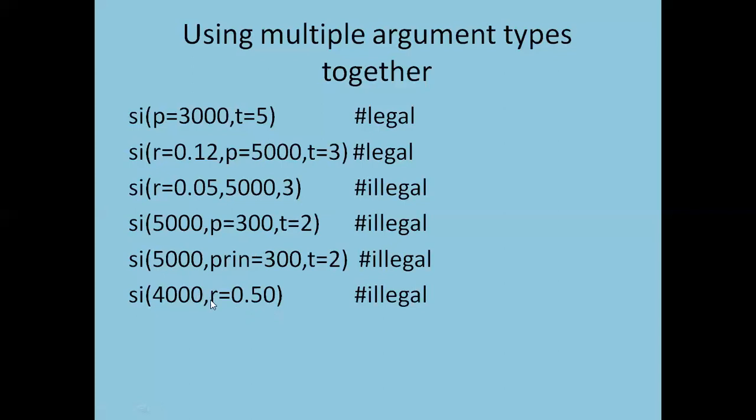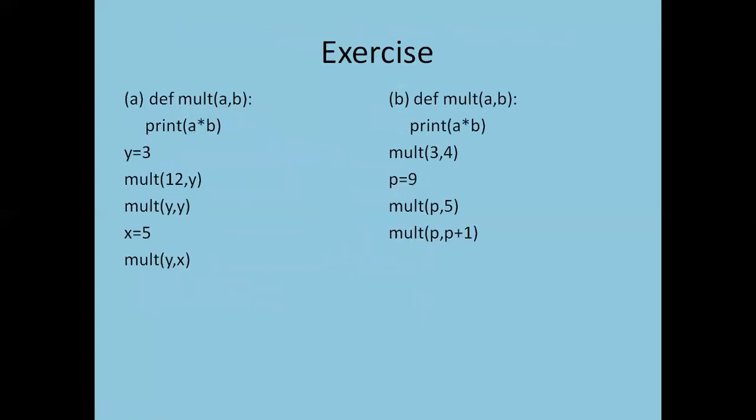And here the value T is missing because 4,000 will be taken as the principal value and R as your rate of interest, and T is missing. Since I've defined my function with 3 arguments, if one of them is missing, then this will not work. So these are examples of how you can join different arguments together. This is known as multiple argument types.